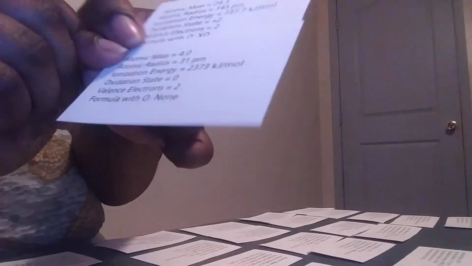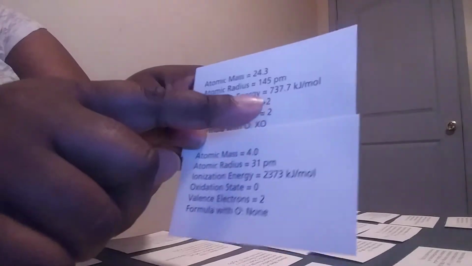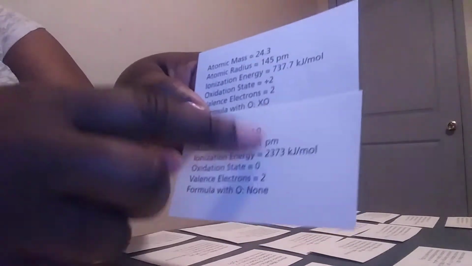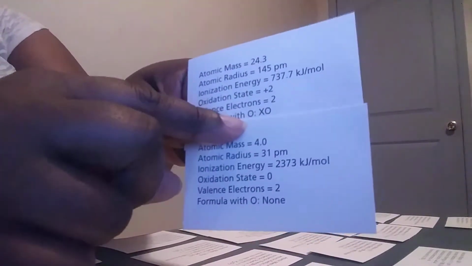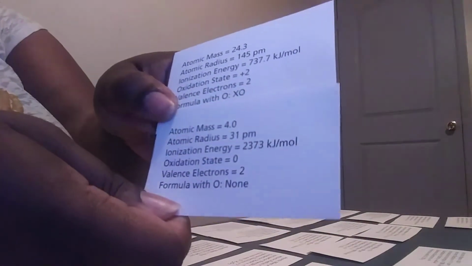And look at the difference. It doesn't have the oxidation state of +2 like the valence electron of 2, and it doesn't have a formula with O as well like that one does.